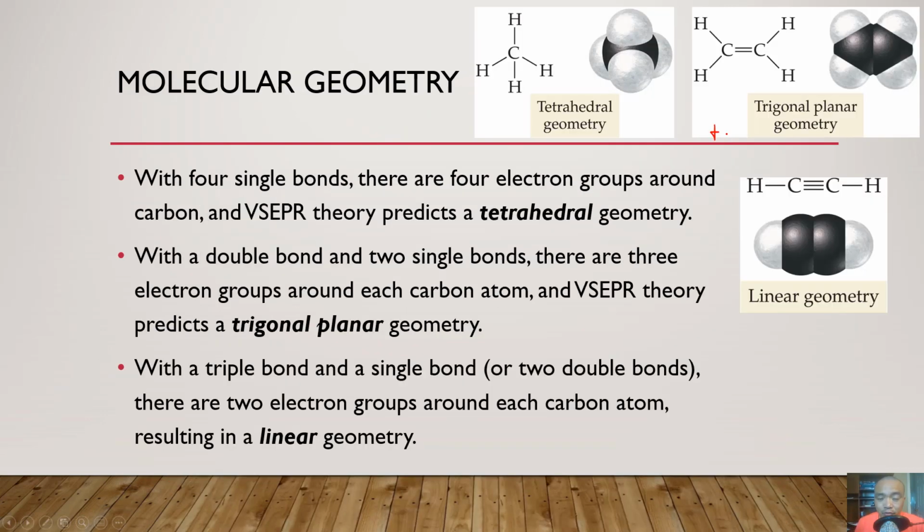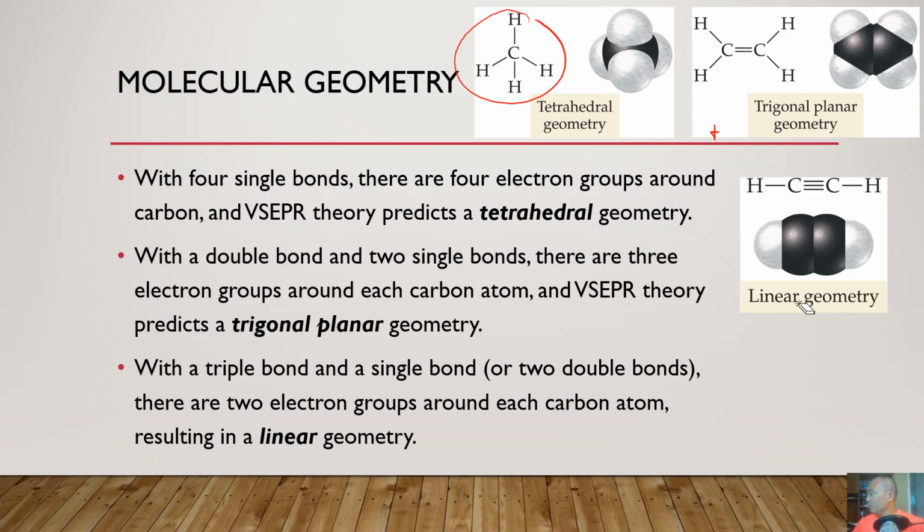Let's look at a few more examples. For example, in methane, the carbon center is surrounded by 4 different hydrogens, and this will give you a tetrahedral molecular geometry, or molecular shape. And surrounding this carbon center, you have 3 different bonds, one double and 2 single bonds, with no lone pairs, which means you will have trigonal planar geometry.